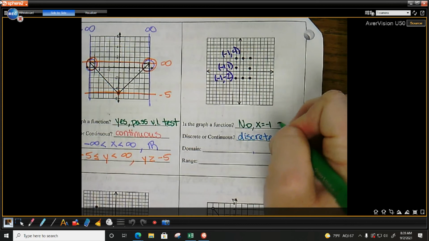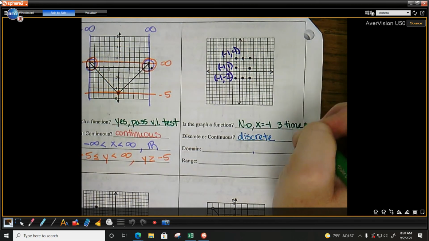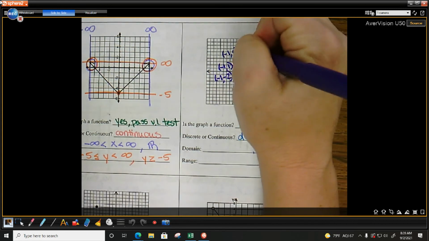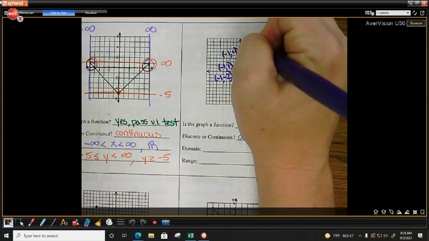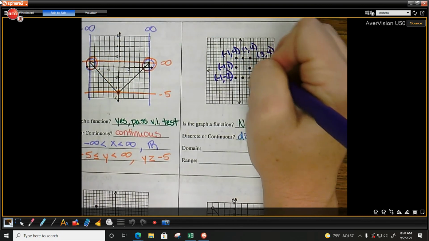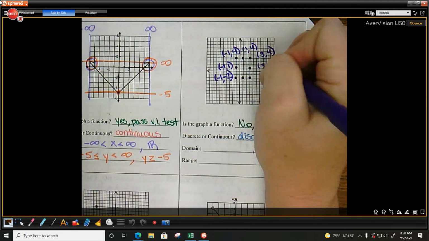Okay, then this one's 1, 4, 3, 4, 3, 1, 3, -2, and 1, -2.